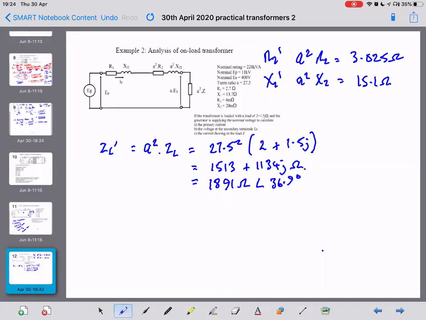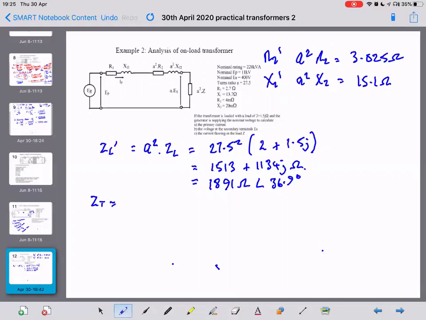Then I've multiplied each of the separate parts of this complex impedance by 27.5 squared to end up with the load ZL dash, 1513 plus 1134J ohms, and converted that to polar in case I need it later, 1891 angle 36.9 degrees. Did you all get that far? Yep, slightly different angle, but that's probably just rounding. And if you've done that double conversion as well.